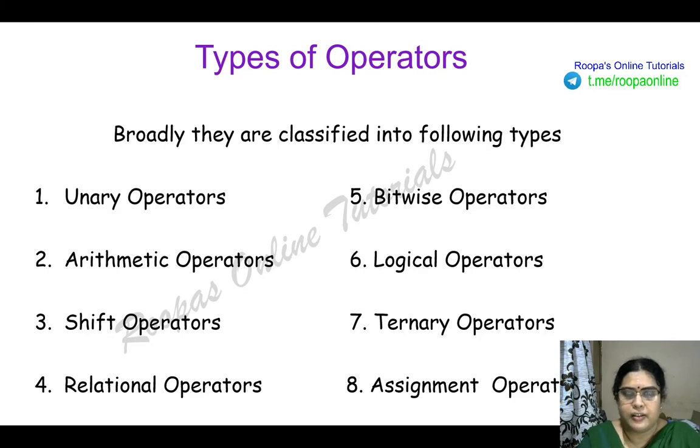Broadly they are classified into the following types. We have unary operators. Check out the spelling: it is unary. Some students write it with an R in between, which is not correct. Unary means one. A unary operator means there is just going to be one symbol in that, either plus or minus.